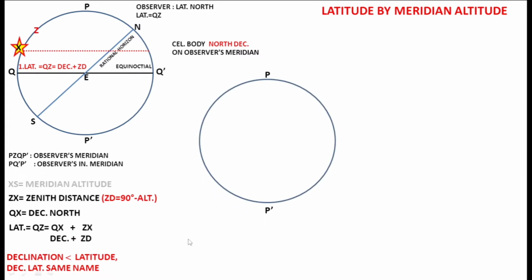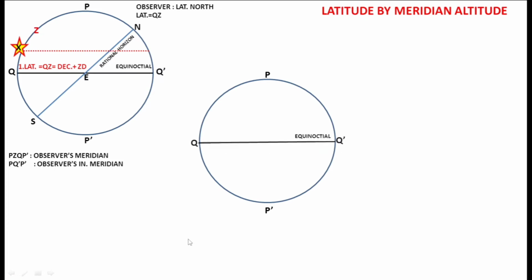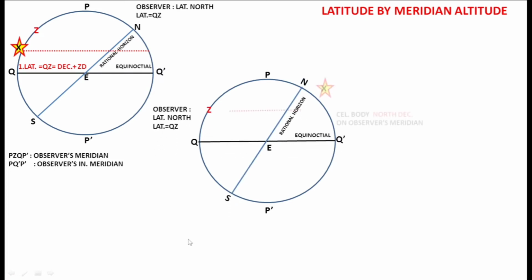The second scenario which is possible is that you have a body on your meridian. Here, your declination is more than your latitude. Your latitude is QZ and the declination is QX.